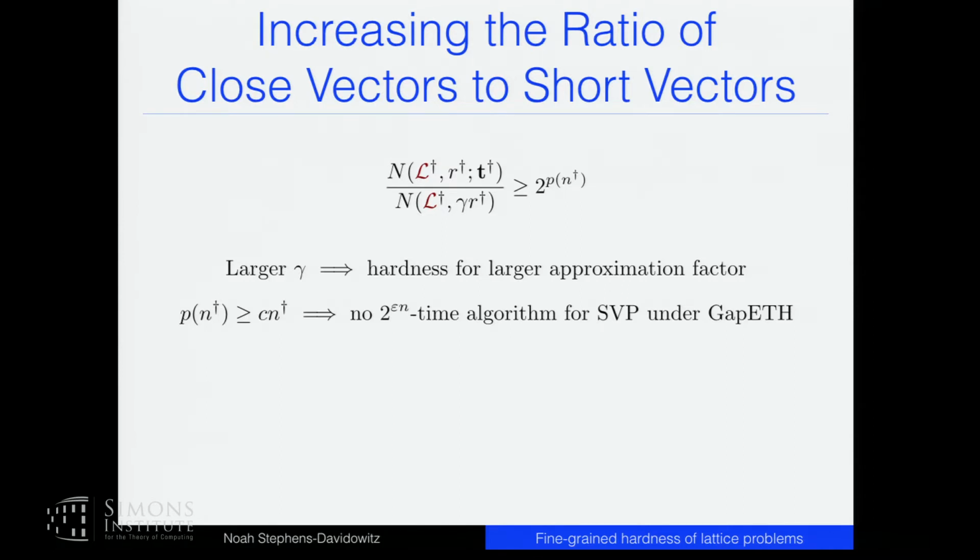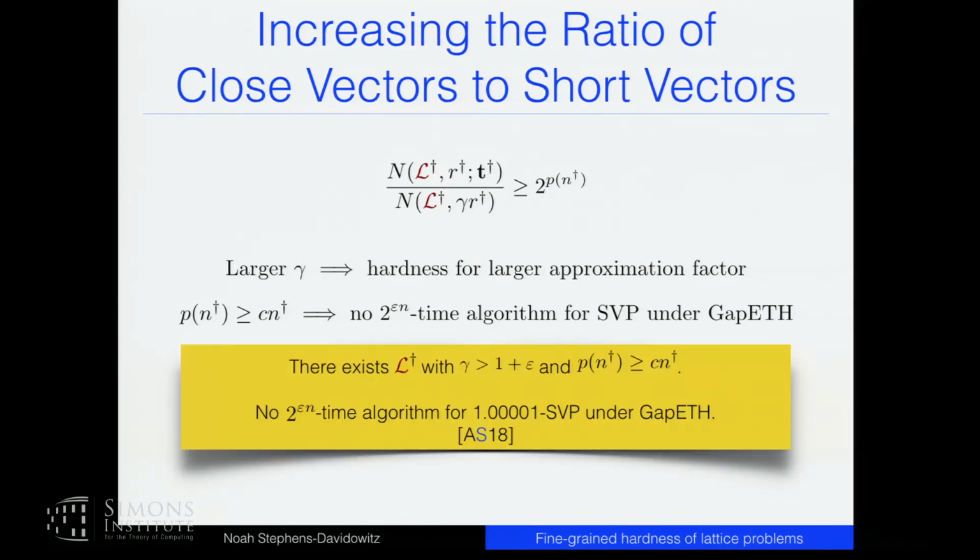Normally you might expect this polynomial to be n to the 1/3 or something small, but if you can get this polynomial all the way up to linear, which is provably optimal, then you can get a fine-grained hardness result for SVP. You can prove that there's no 2 to the epsilon n time algorithm for SVP under gap ETH, which I showed you earlier. It turns out that there do, in fact, exist L dagger that satisfy both these things simultaneously.